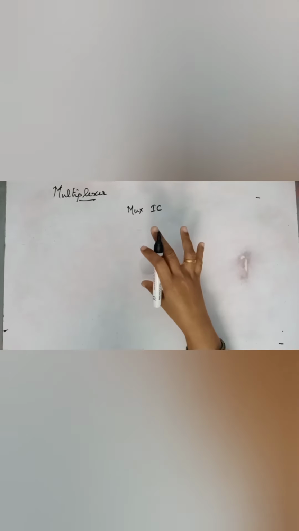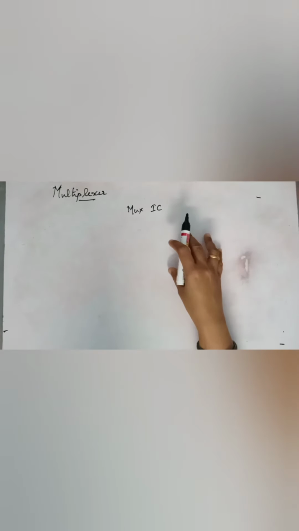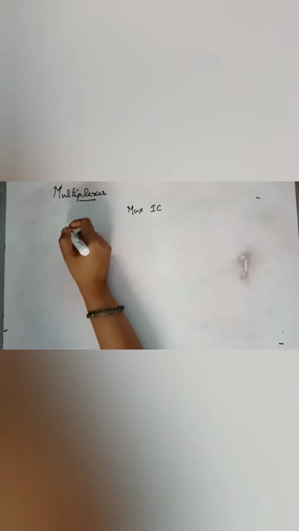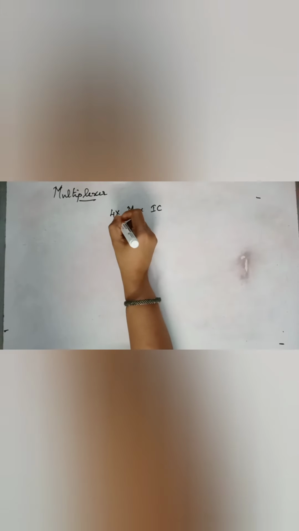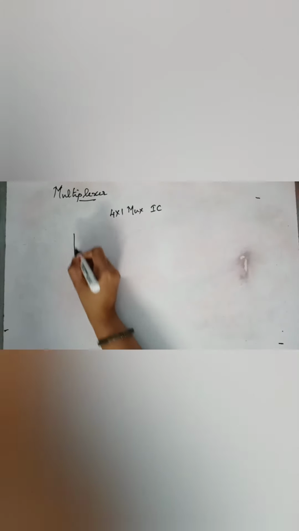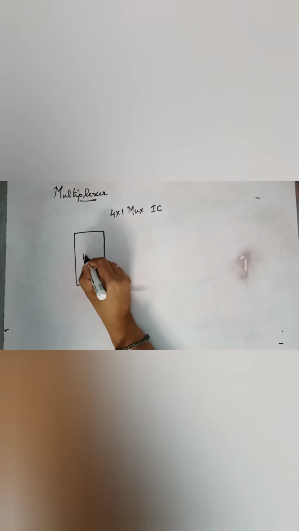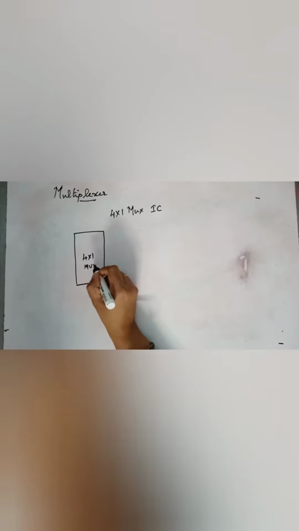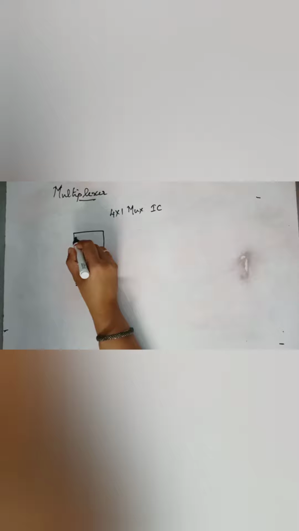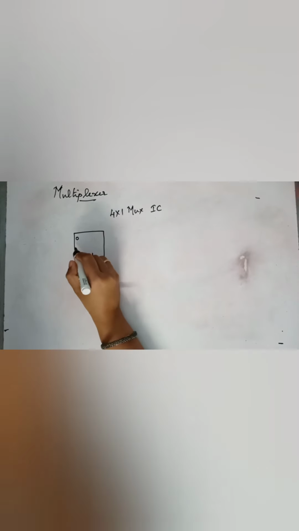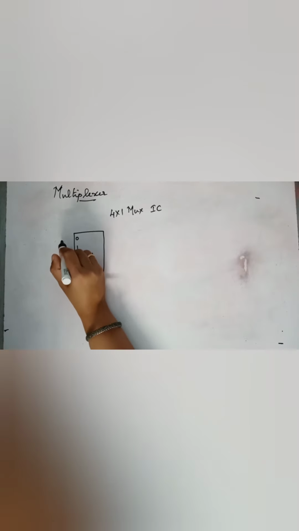So a multiplexer IC, say a 4 by 1 mux IC, will be represented as an IC block. You'll write the name of the mux inside it, 4 by 1 mux, and you will have 4 inputs, represented as 0, 1, 2 and 3 input lines.